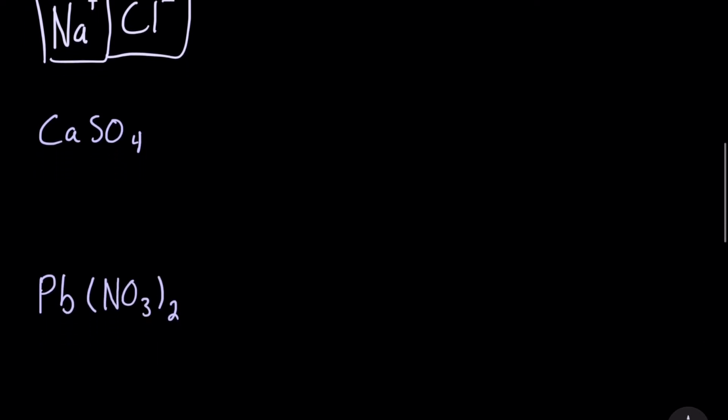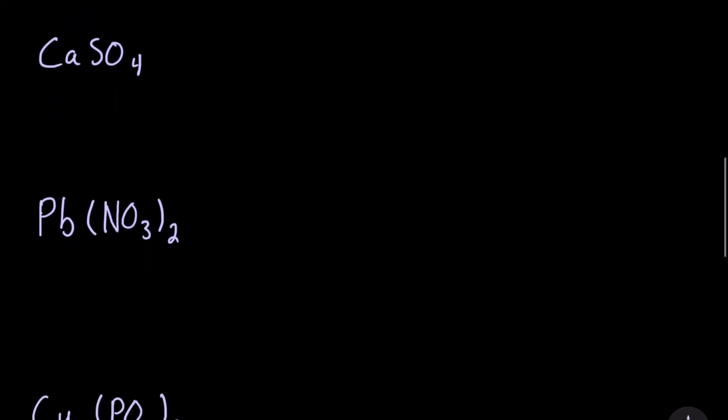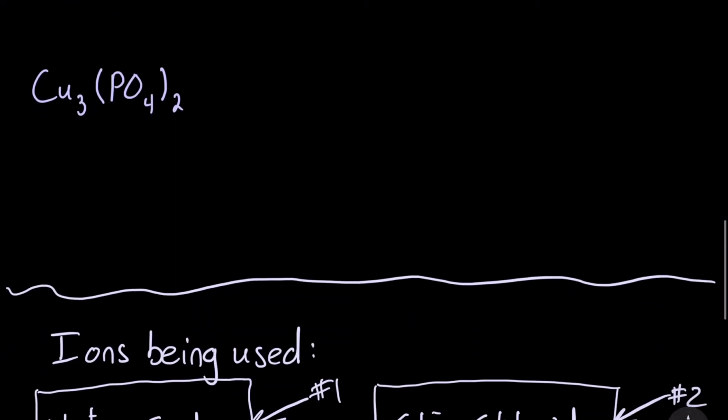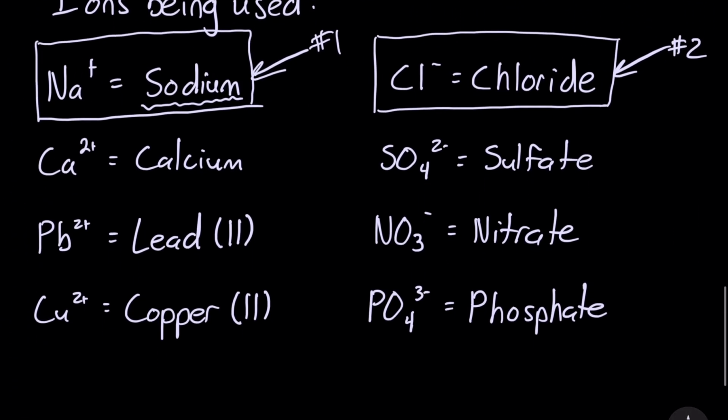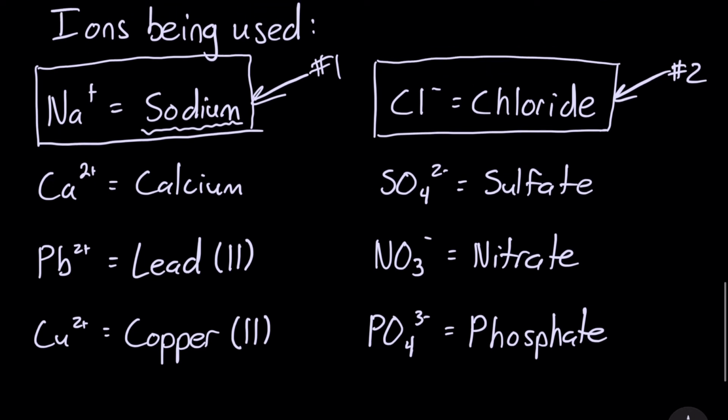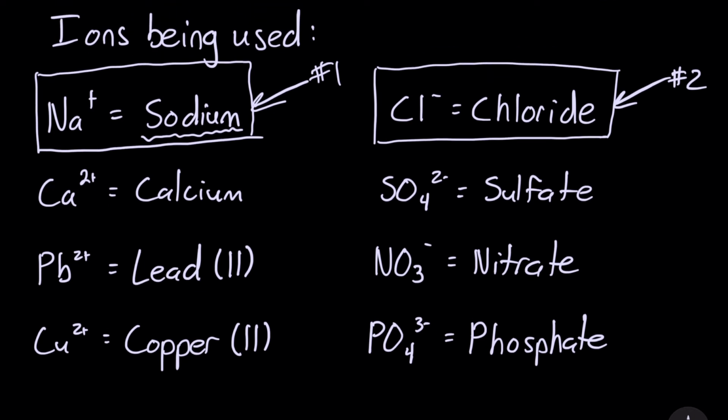Let's move on to number 2. In the second example, we have Ca as our first ion, and the second part of our ionic compound is SO4. So let's scroll down to our list and take a look at what is being used. The first ion being used here is our cation, calcium 2+.